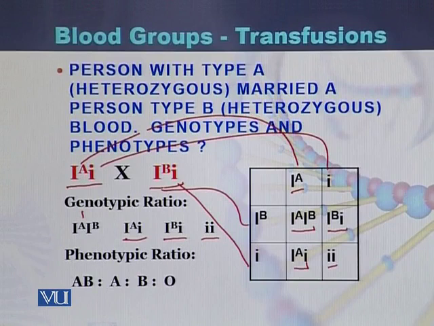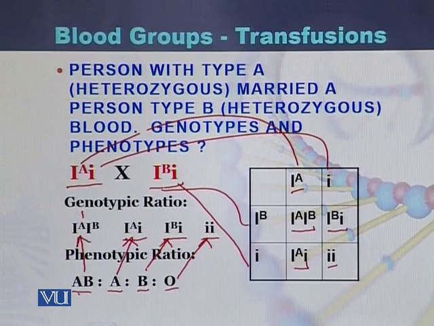But based on the phenotypic ratio, this is AB blood group, this is A blood group, this is B blood group, and this is O blood group. They correspond: O is for this genotype, B is for this genotype, A is for this genotype, and AB is for this genotype.